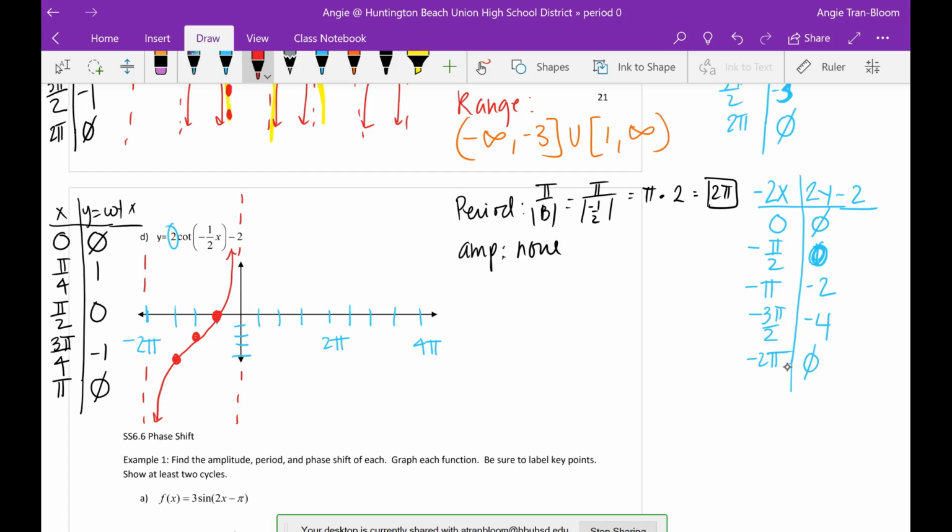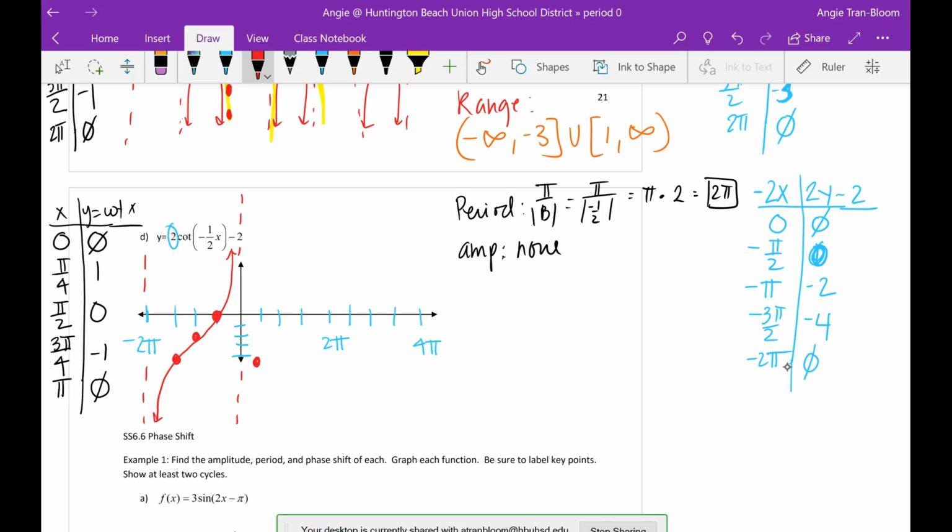And I'm just going to repeat that, okay? At pi over 2, Gabriella, where do you want me to plot pi over 2? Is that okay? Yeah, okay, that's going to be at negative 4 for pi over 2. It's going to repeat from left to right, okay?